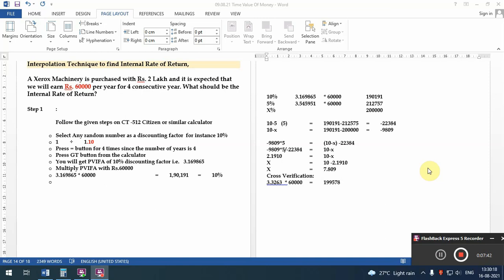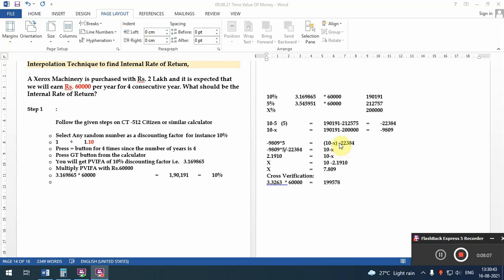So if you do the cross multiplication, that is minus 9809 multiplied by this 5, which I am keeping on this side, and on the other side, 10 minus x into minus 384.